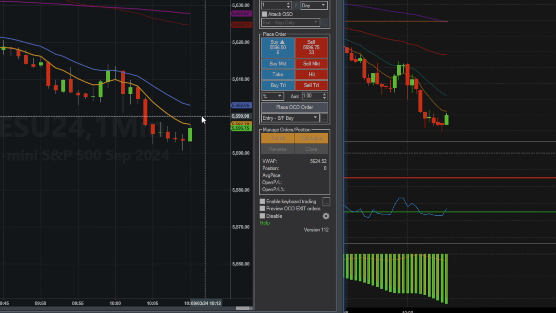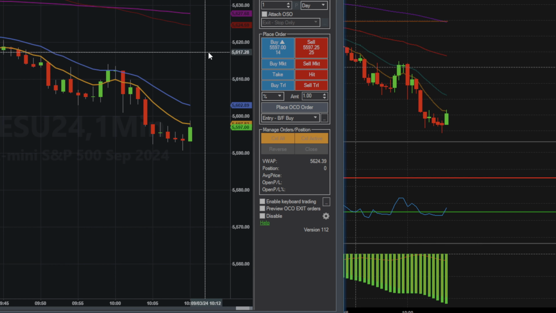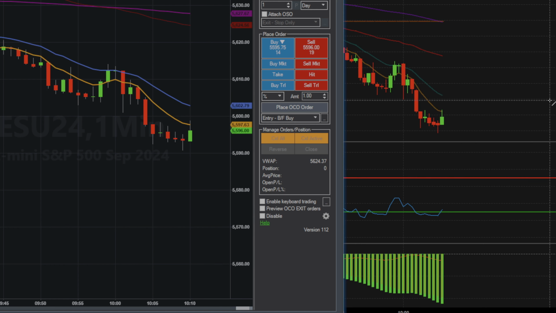So again, let's see if we start to see that reversal come in. Again, we get that VWAP sitting up there at that 559.41 area on this SPY. 10:09 here in the market.